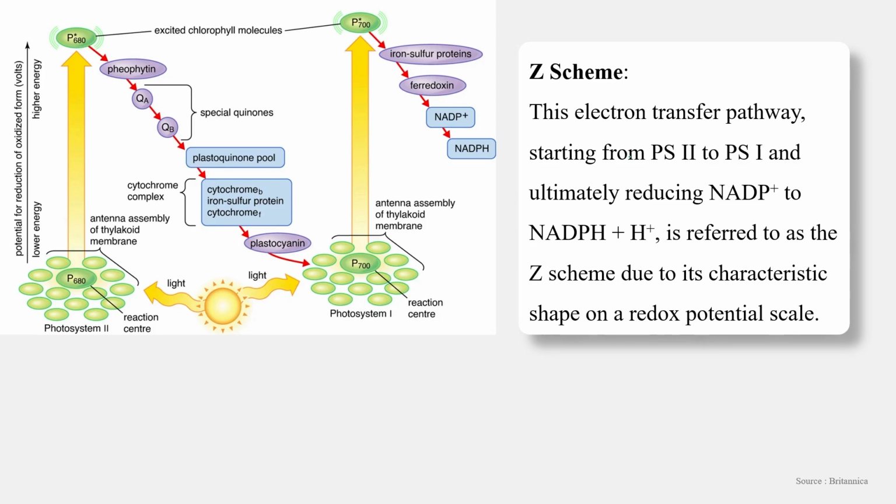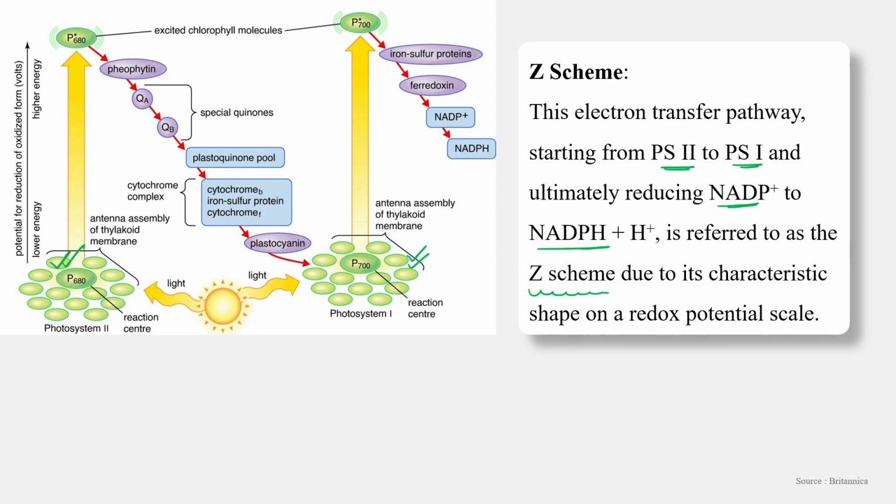So the Z scheme is an electron transport pathway from PS2 to PS1, ultimately reducing NADP to NADPH. It is referred to as the Z scheme due to its characteristic shape on a redox potential scale.